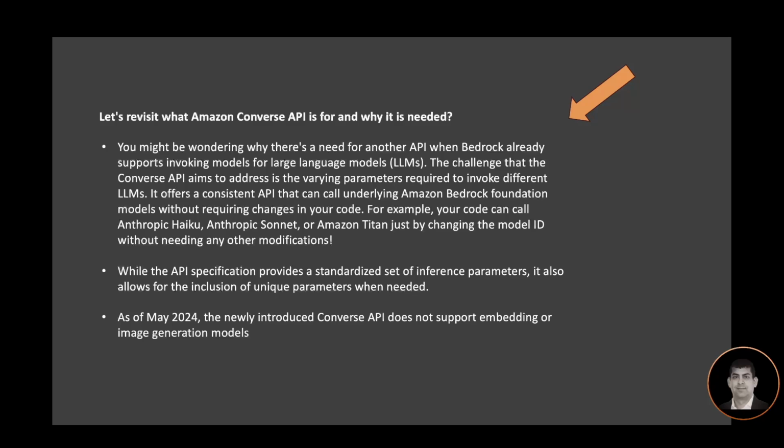While the API specification provides a standard set of inference parameters, it also allows for the inclusion of unique parameters when needed. As of May 2024, the newly introduced Converse API does not support embedding or image generation model.